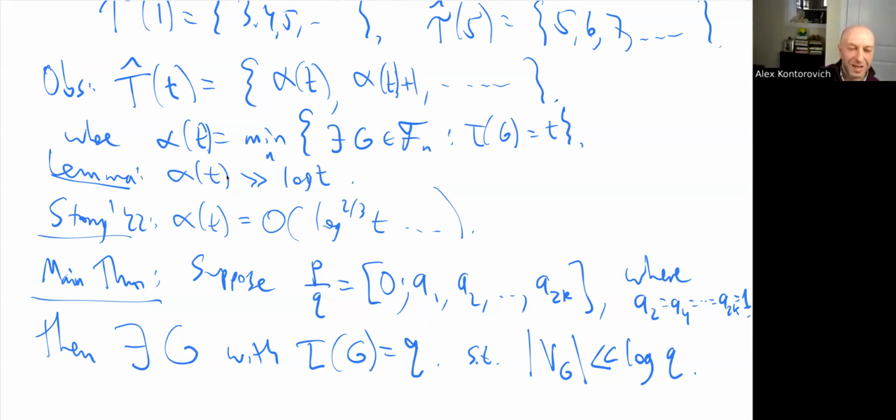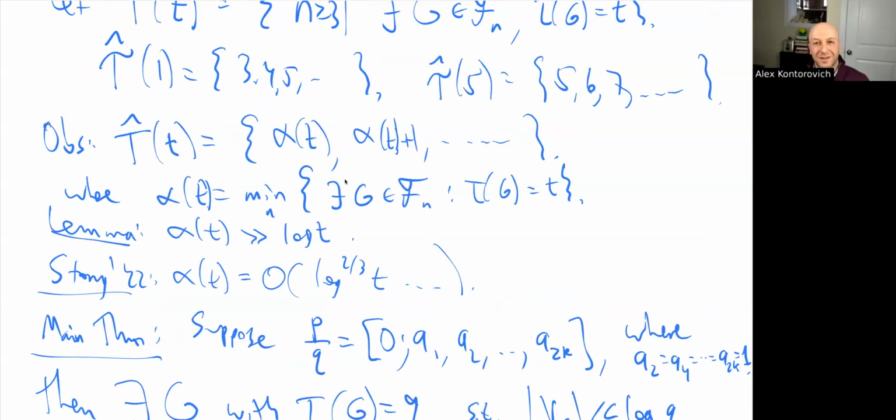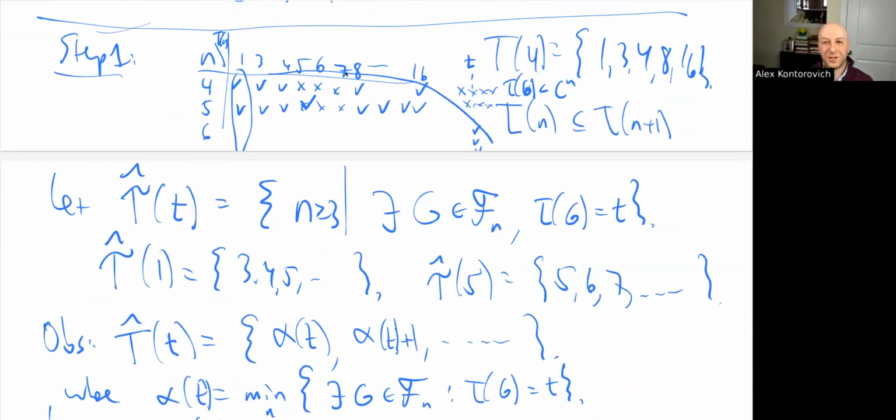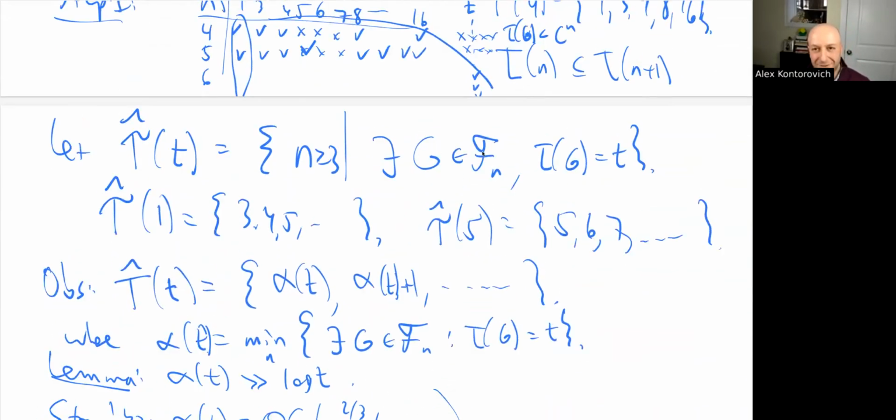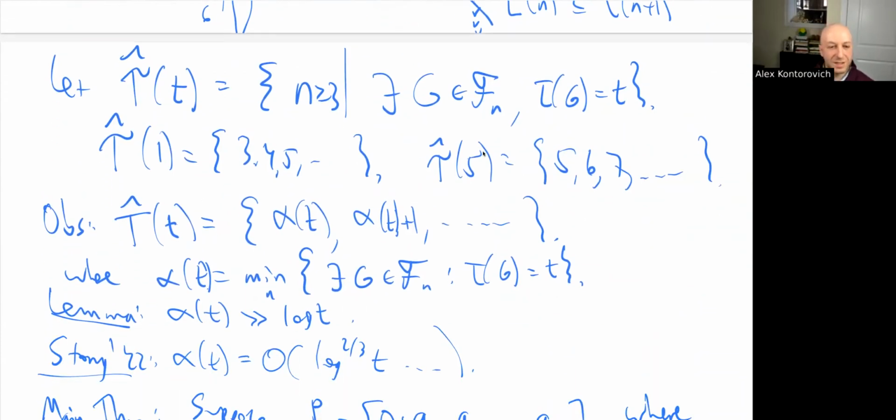What I want to say is that alpha of t, what I mean to say is big omega. So it can be as large as log t, and the question is, is it as large as log t? Is it big O of log t?